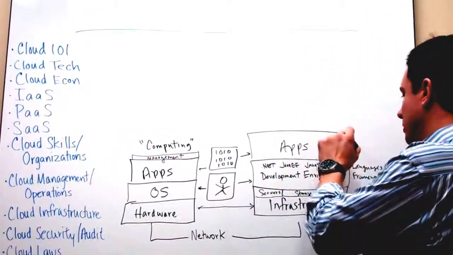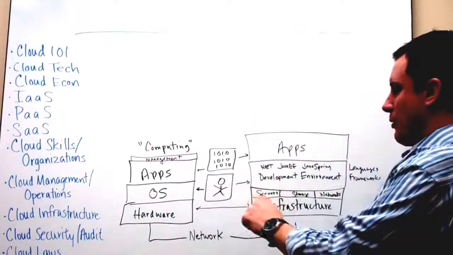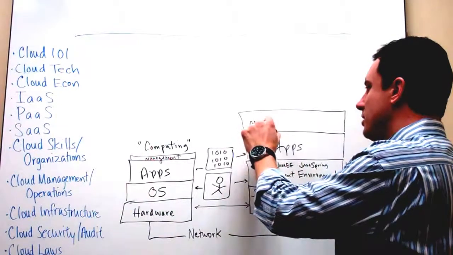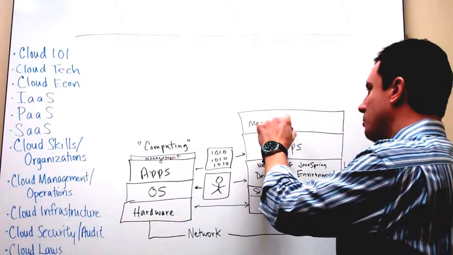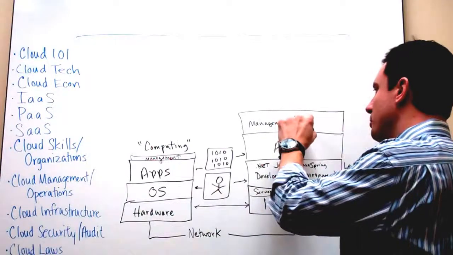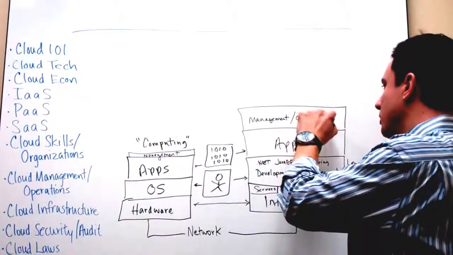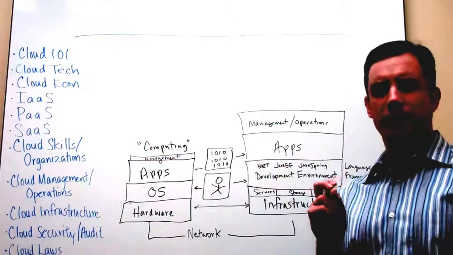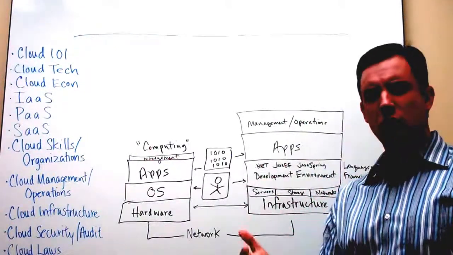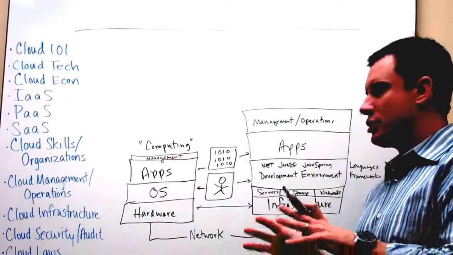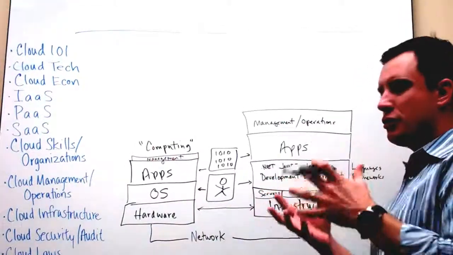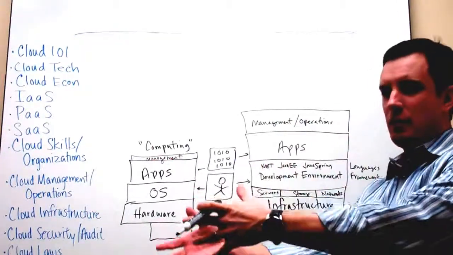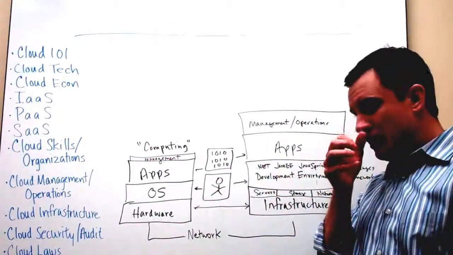On top of, or really maybe surrounding all of this environment, is going to be a management and operations framework that's going to allow all these resources to work together in a way that's very unique for cloud computing, this new model in which these resources are provided to an application, consumed, and given back to a pool of resources in a dynamic manner.